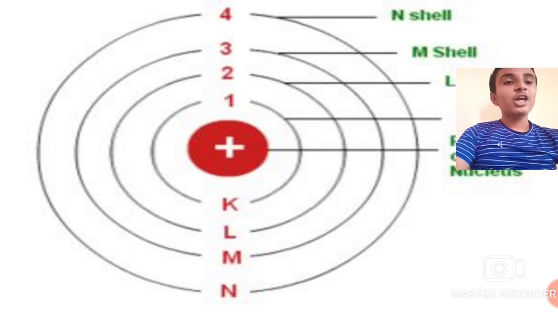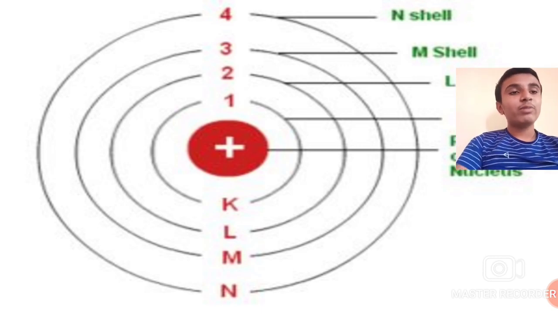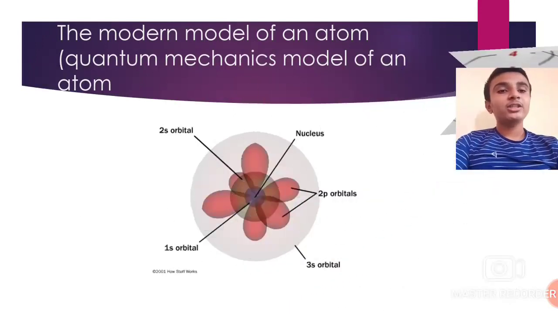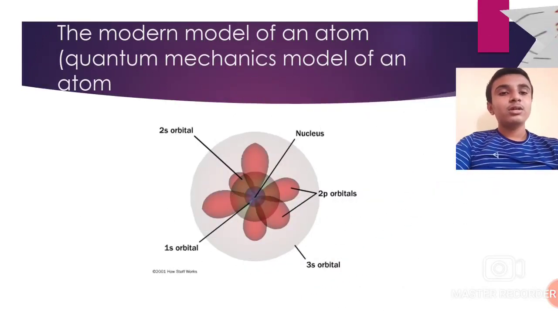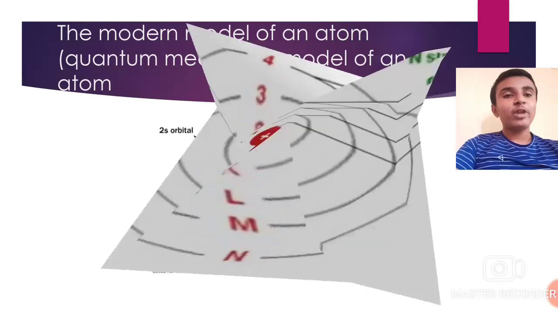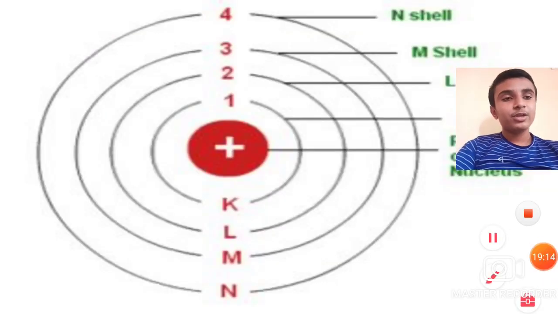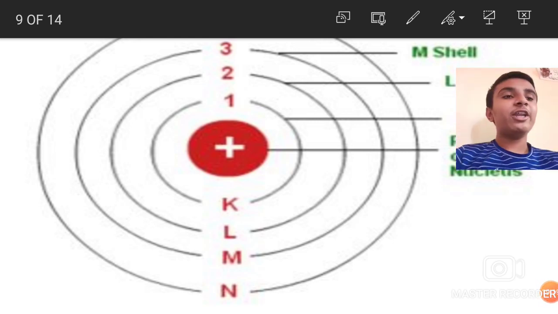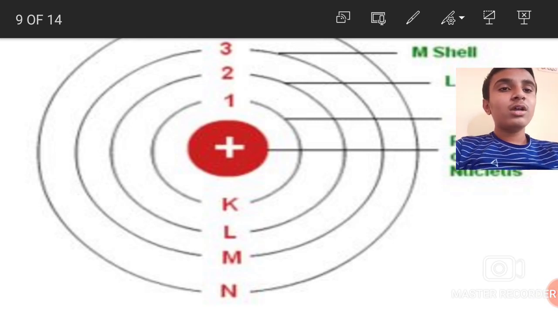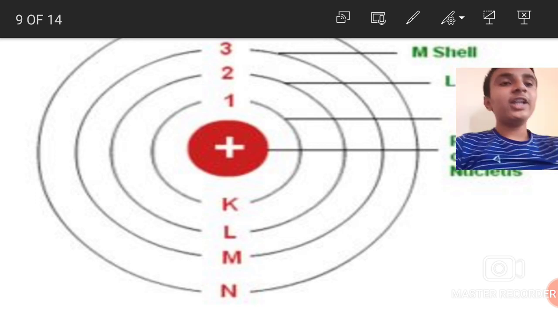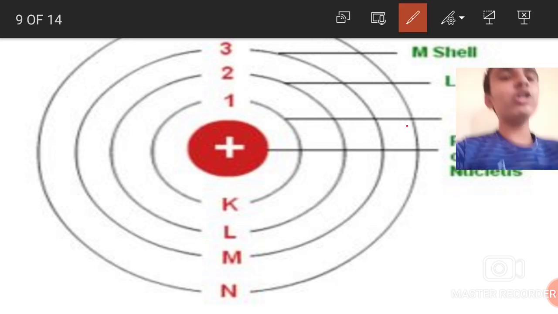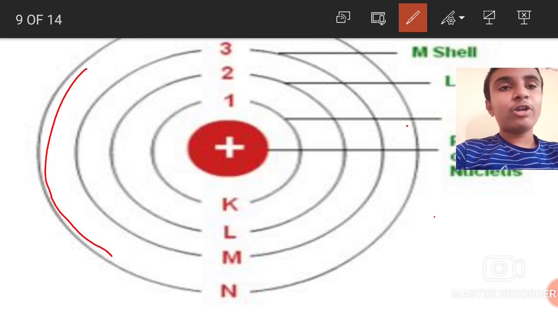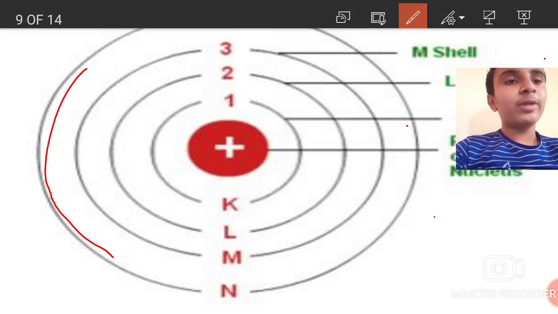Therefore, the scientist Niels Bohr proposed a new atomic model, which came to be known as Bohr's atomic model. So what does Bohr's atomic model tell us? It tells us that electrons move in concentric orbits.